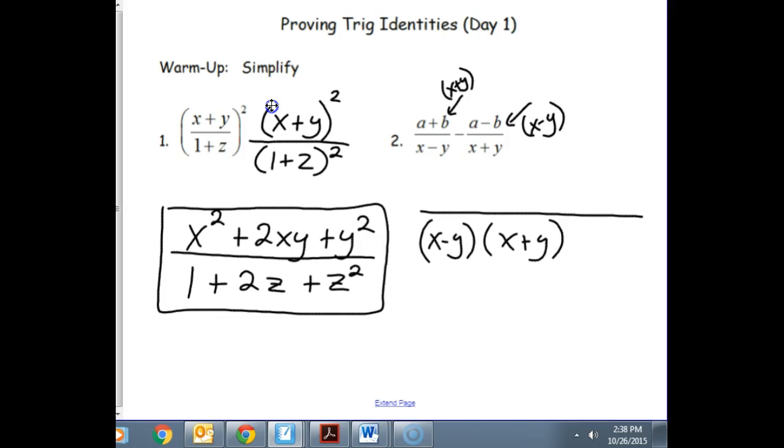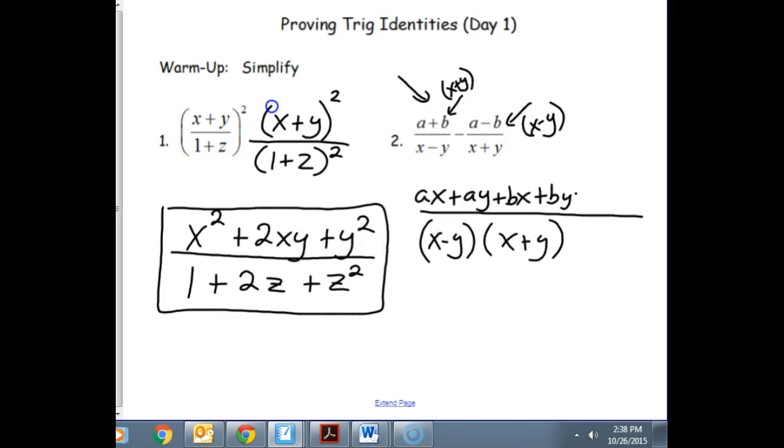The first FOIL problem is right here: a plus b times x plus y. You end up getting ax plus ay plus bx plus by.